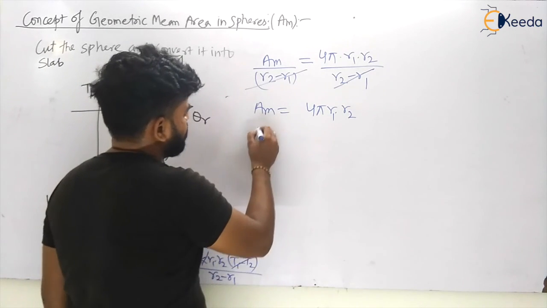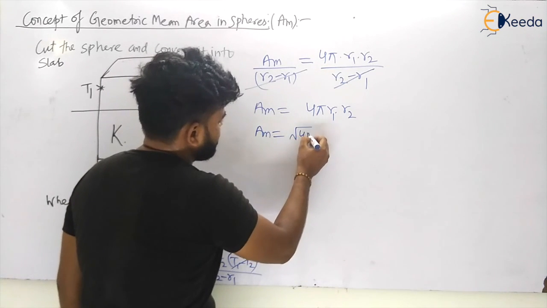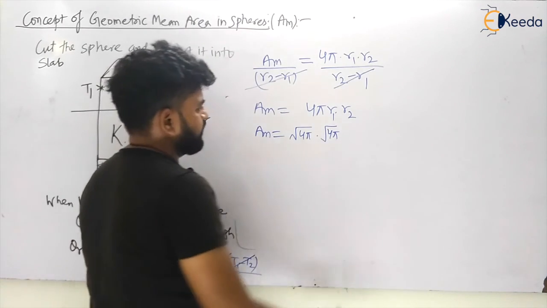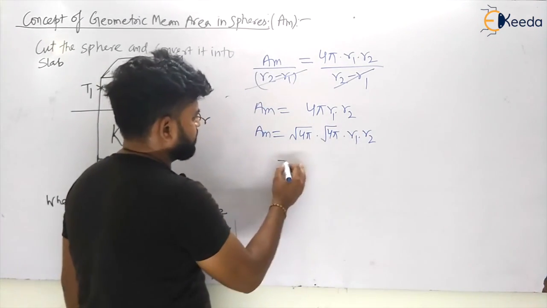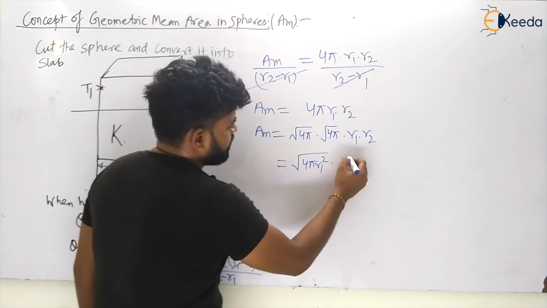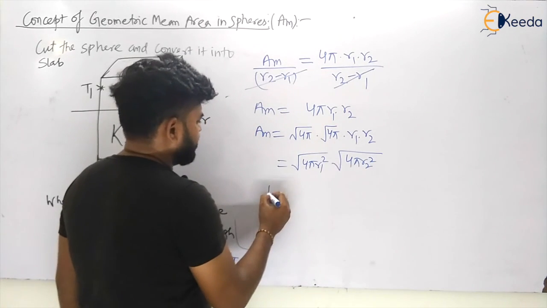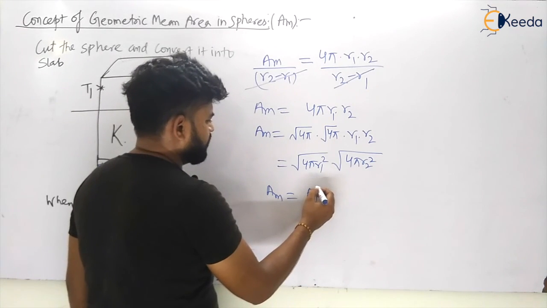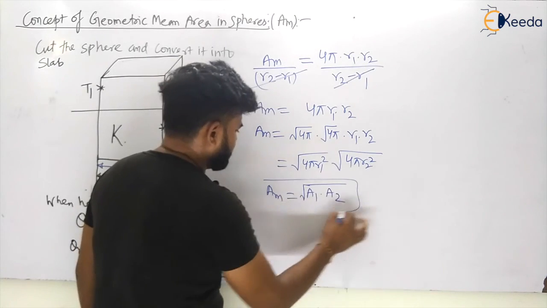Yes. This can be written as under root of 4 pi R1 square into 4 pi R2 square, with R1 this side, R2 this side. So AM will become equal to, my dear students, A1 under root A2.